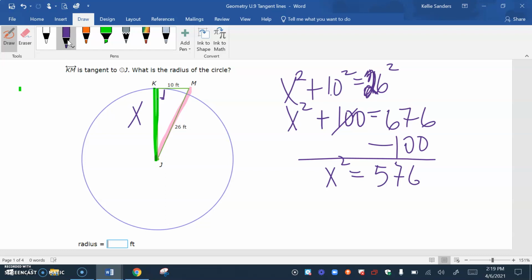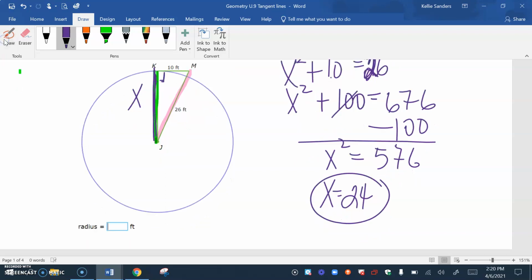The square root of 576 is 24. I didn't know that. Okay. And X is the radius because it's on the circle and it goes to the center, so that is the radius.